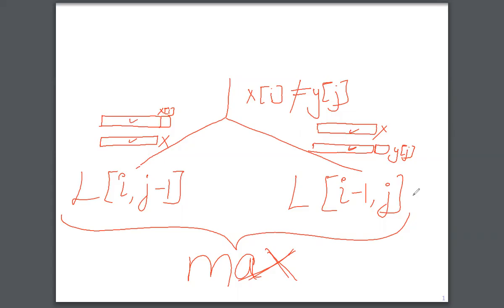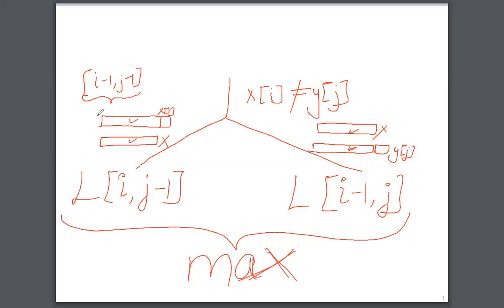You might ask, why didn't we take I minus 1, j minus 1? That was when the two characters were equal.